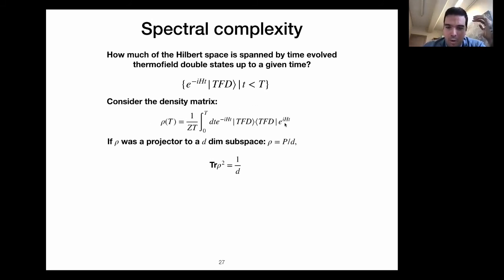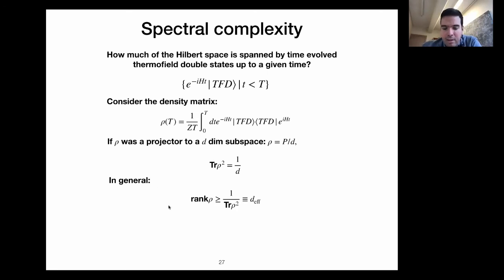How do I want to use this to measure the question I was saying? Imagine for a moment that this density matrix was a projector, a maximally mixed state that projects to a subspace of d dimensions. Then it would have a form like this, and its second entropy would be the inverse of this dimension. So this is a very simple quantity, and I just want to think about this as the inverse of an effective dimension of this Hilbert space.